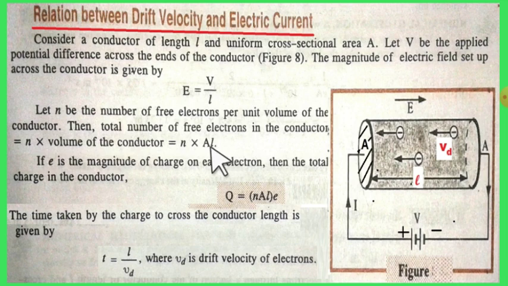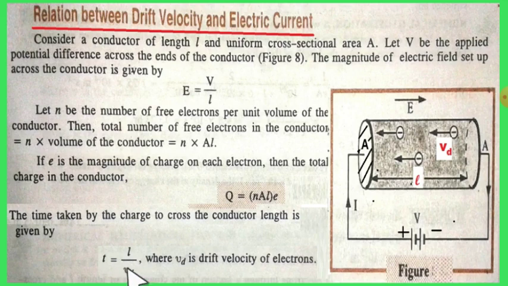Now, if you know the total number of electrons, the total charge will be the number of free electrons times the electronic charge. Got it? But suppose an electron takes a small time t to move from one end of the conductor to the other end, then the time will be equal to distance divided by velocity.